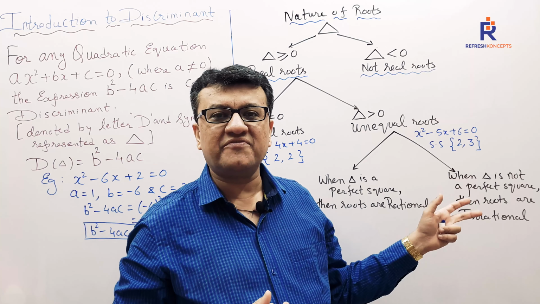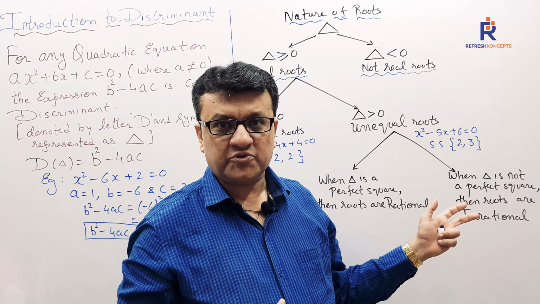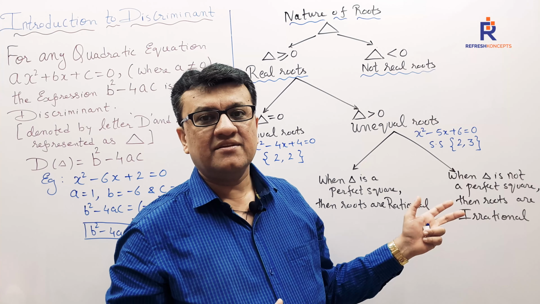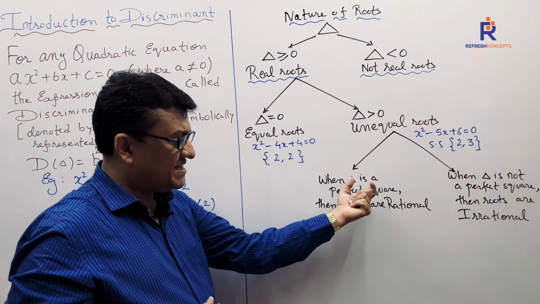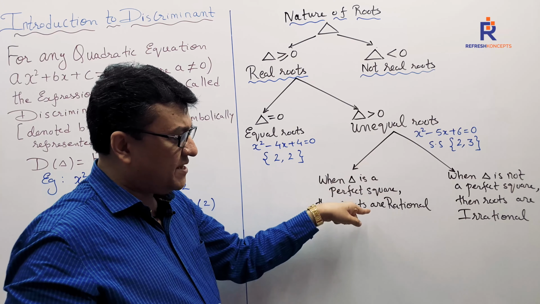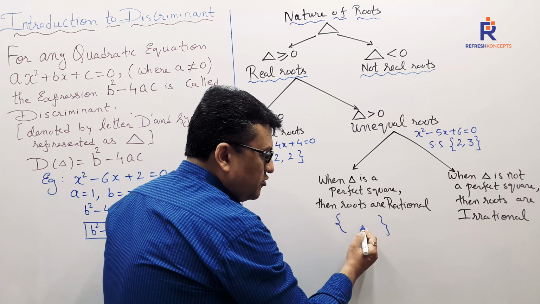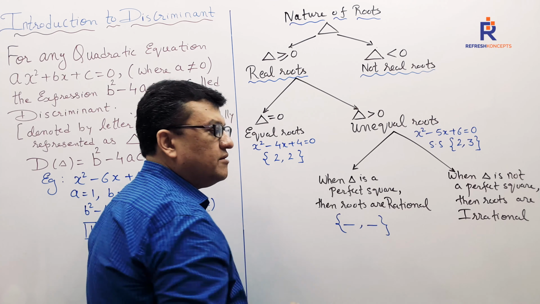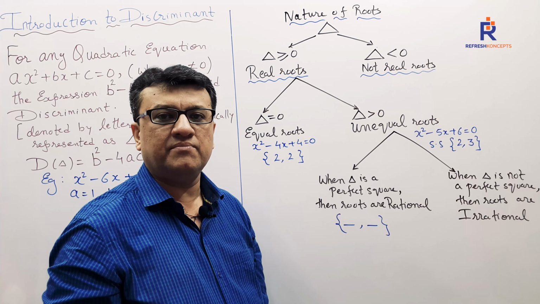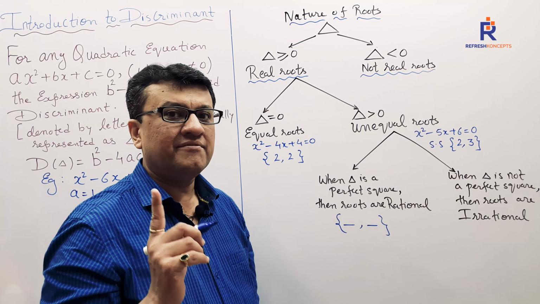Do we have a square root of 17? Do we have a square root of 29, 38? No. So if delta is greater than 0 and is a perfect square, whatever answers I get, mind you, two answers I'll get, one here, one here, both the numbers will be rational numbers.